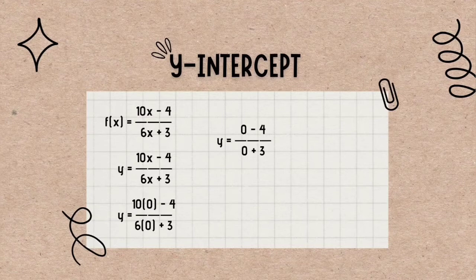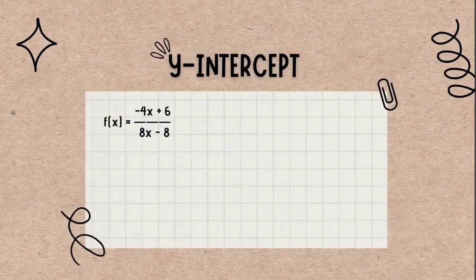Y is equal to 0 minus 4 over 0 plus 3. So, ayan na ang sagot. Negative 4 over 3. Then, sort siya sa ordered pair. So, ang unahan natin ay x, pero wala tayong x, so ilalagay natin ay 0. So, ang y natin ay negative 4 over 3.